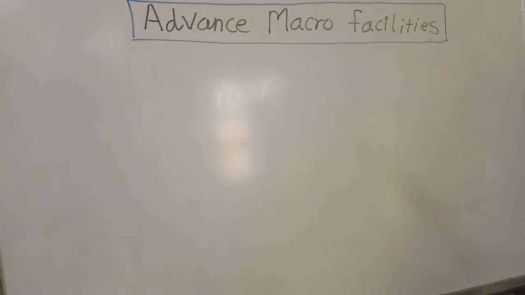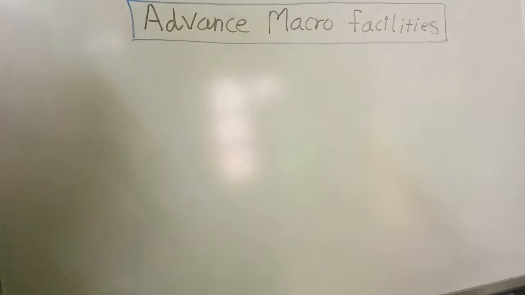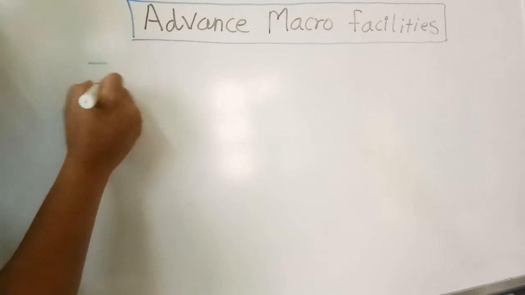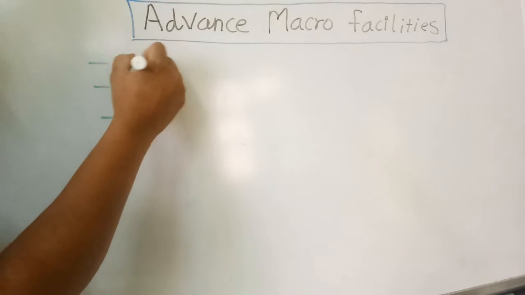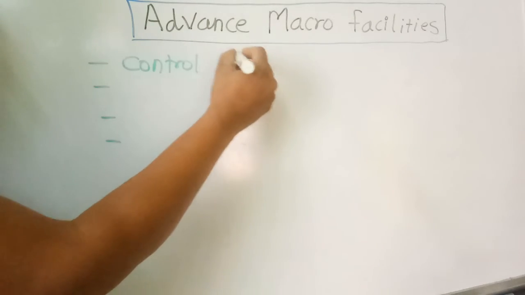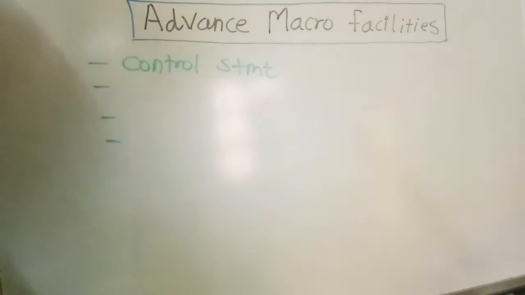In this video, we will see the different advanced macro facilities. Now, in the macro definition, we can use statements like control statements. Which are the different facilities we can use with macros? That is the control statement.